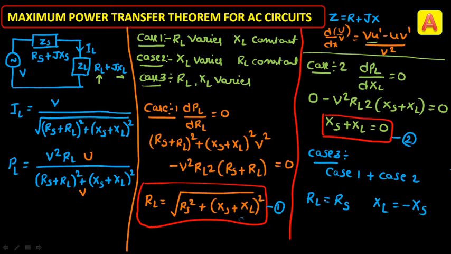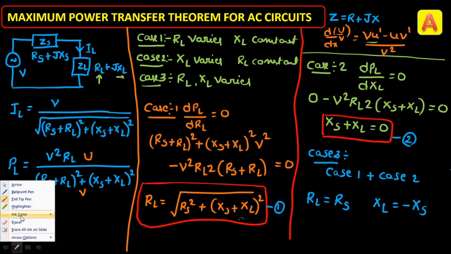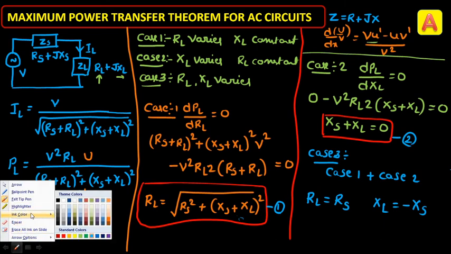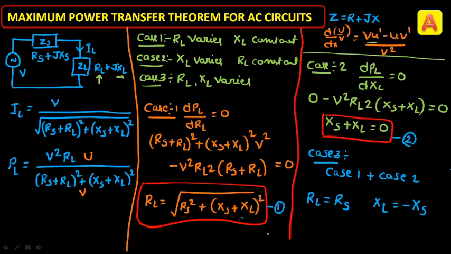So whenever load resistance and reactance both vary in the circuit, the load resistance must be equal to the source resistance, and the sum of load reactance and source reactance must be equal to 0. These two are the conditions to transfer maximum power from source to load.